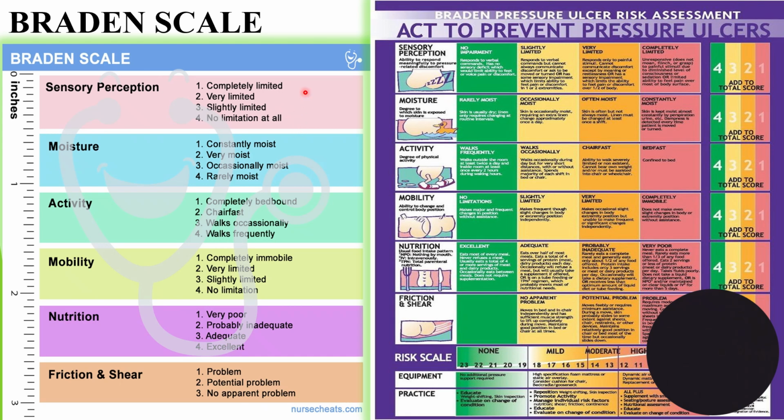When we come to completely limited, here the patient has unresponsiveness to painful stimuli due to a diminished level of consciousness or sedation, or limited ability to feel pain over most of the body surface. That we call completely limited.